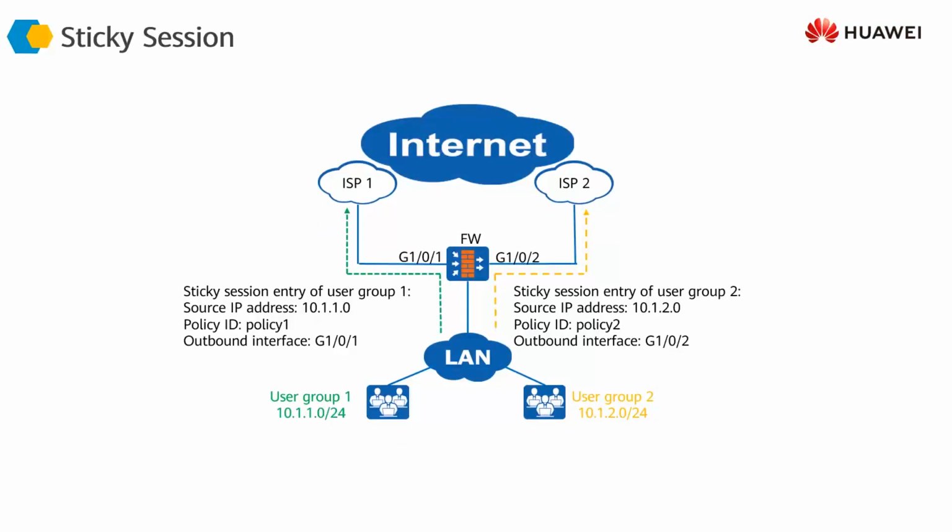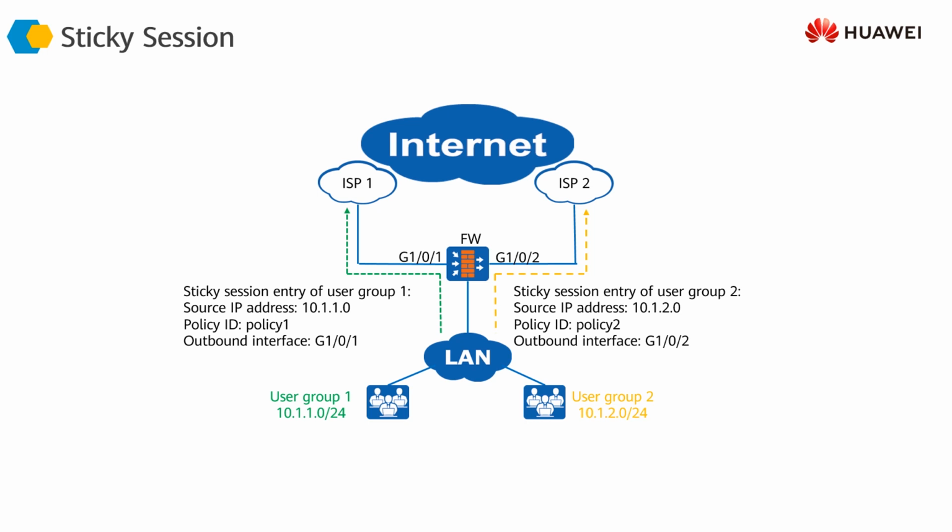In order to avoid this, we can use the feature of sticky session. If we enable the sticky session feature on the firewall, what will happen is that if the overload protection threshold is exceeded on this particular link, the traffic for user group 2 is going to be shifted through ISP 1. However, the existing sessions, or the existing connections that are established, are not going to be forwarded through the other link.